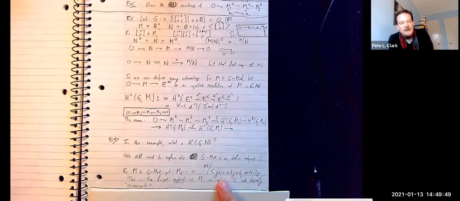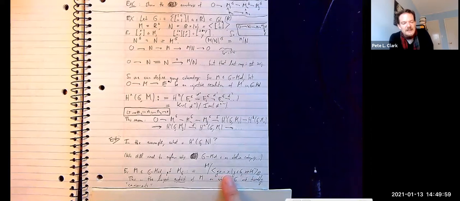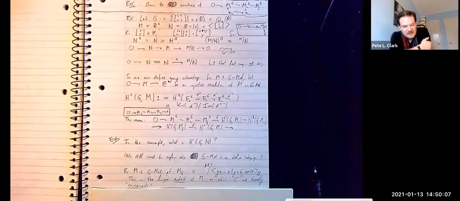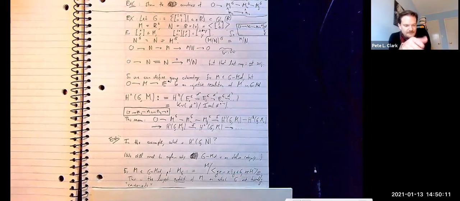If you mod M out by the Z submodule generated by gx minus x, as you range over all g in G and all x in M, then once you impose those relations, that is a G submodule, easy to see.